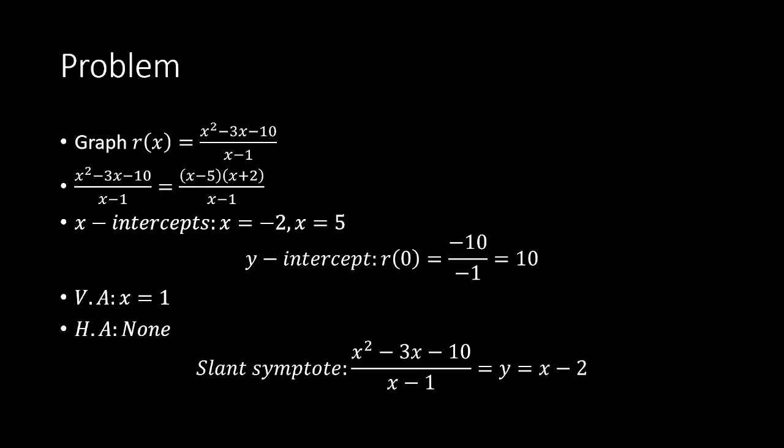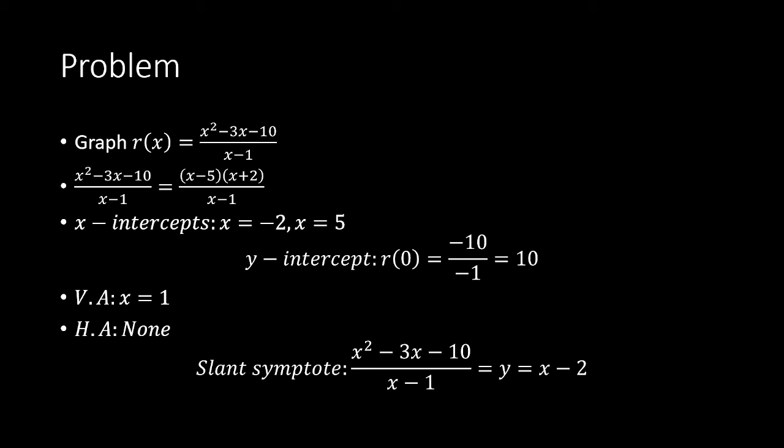Another problem, x squared minus 3x minus 10. Find the x-intercepts. So x is going to be negative 2 and 5. Find the y-intercept, at 0 and 10. The vertical asymptote is at 1. You have no horizontal asymptote because the degree of the numerator is higher.